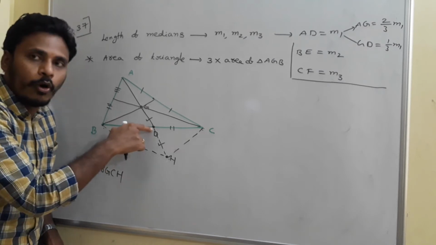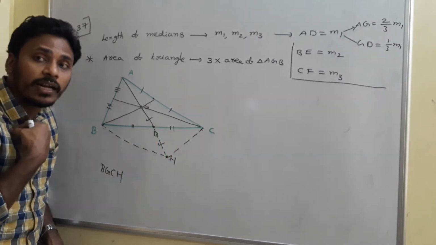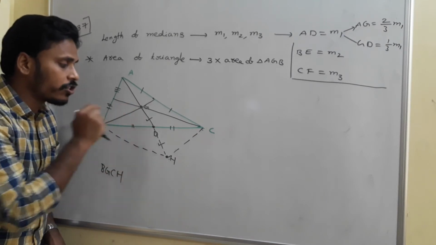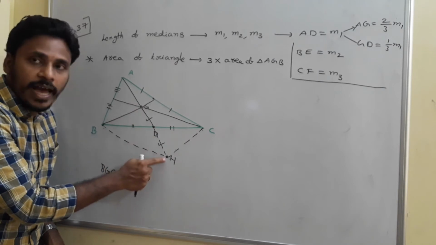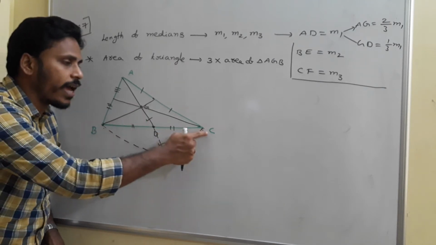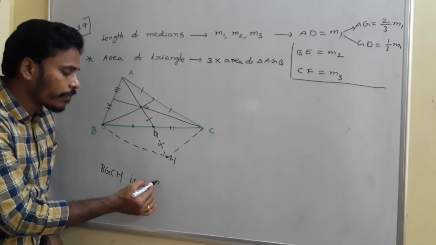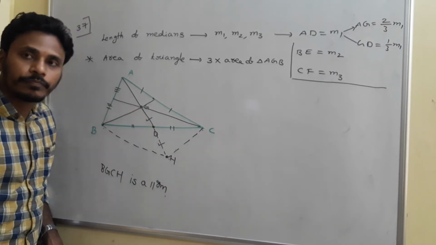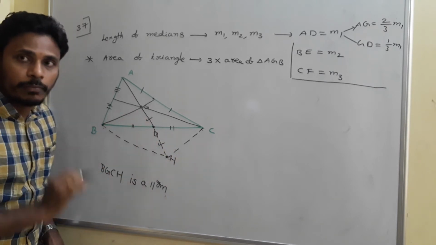Already D is the midpoint, that means BD is equal to DC, and now we are constructing GH such that D is the midpoint. So D is the midpoint of this diagonal GH as well as of this diagonal BC, and that's why we say that BGCH is a parallelogram.